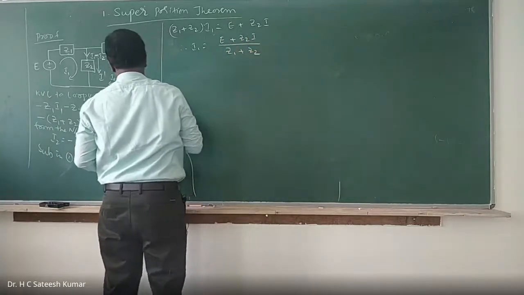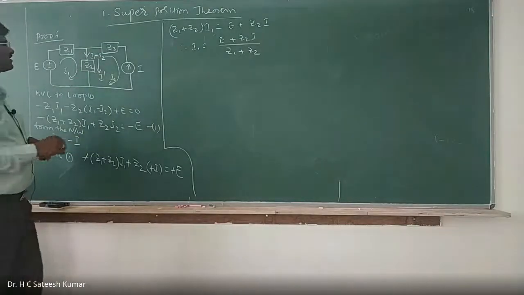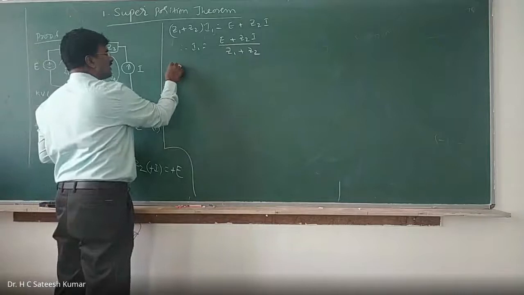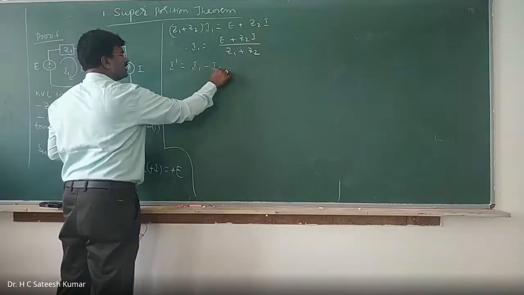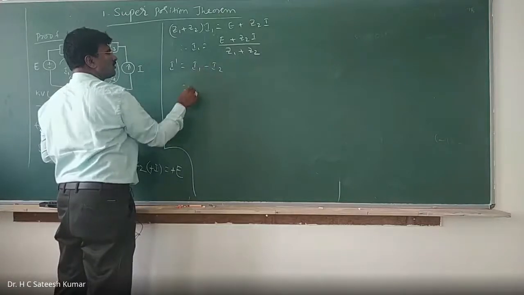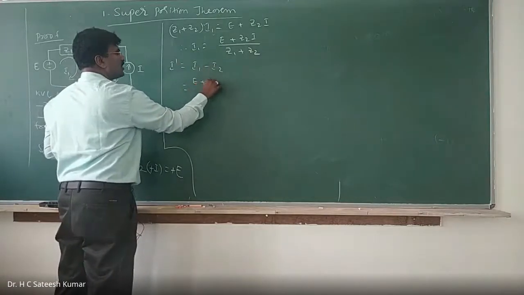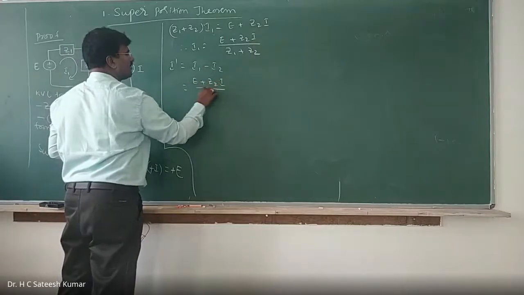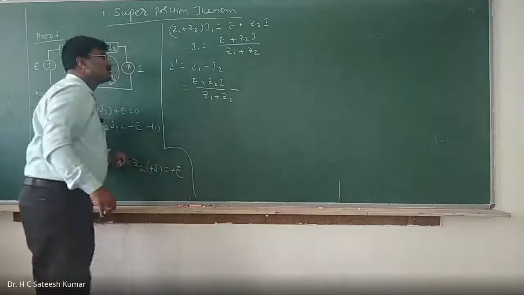So we got I1. Next, what is that we have? I dash. We want this I dash current. I dash is nothing but I1 minus I2. Therefore, I substitute for both I1 and I2. I1 is (E plus Z2 into I) divided by (Z1 plus Z2), minus I2.